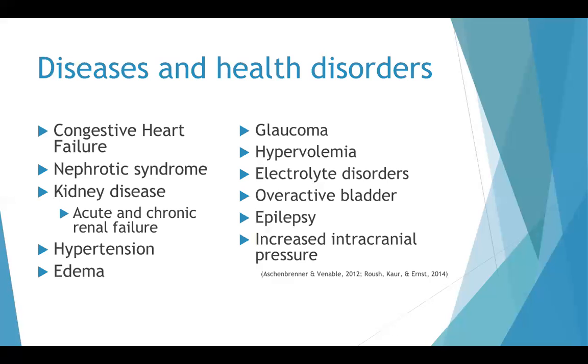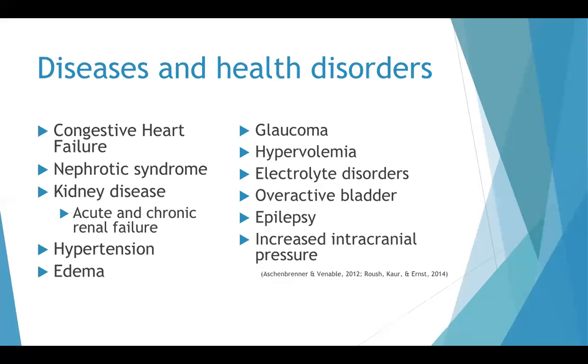Another example is nephrotic syndrome. The most prominent sign of nephrotic syndrome is edema. So it's a kidney disorder that alters glomerular filtration to proteins. So the proteins that normally aren't filtered through the kidneys or can't get through that membrane are. So we lose protein in our urine, which is called proteinuria.